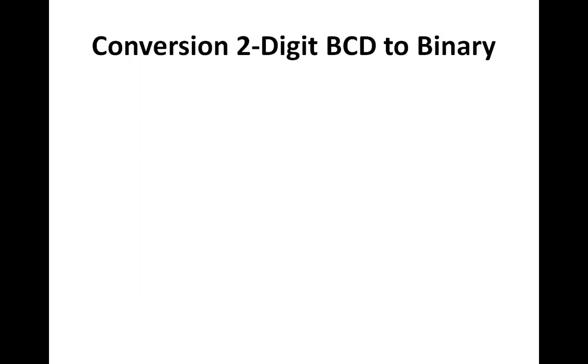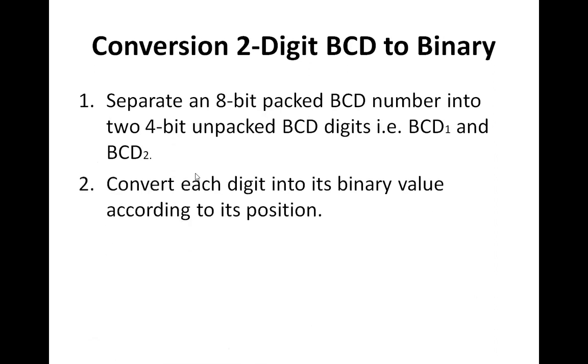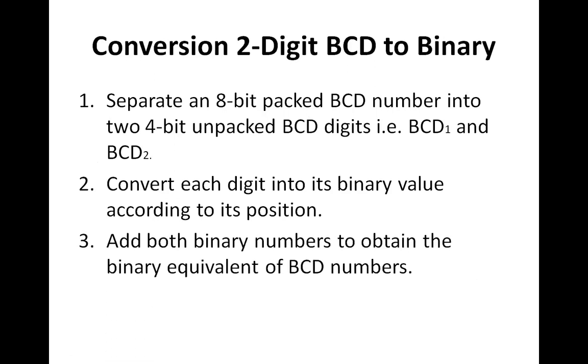So how are we going to convert a 2-digit BCD number into a binary number? We are going to separate an 8-bit packed BCD number into two 4-bit unpacked BCD digits, designated as BCD1 and BCD2. Then we convert each digit into its binary value according to its position, and then add both binary numbers to obtain the binary equivalent of the BCD number.